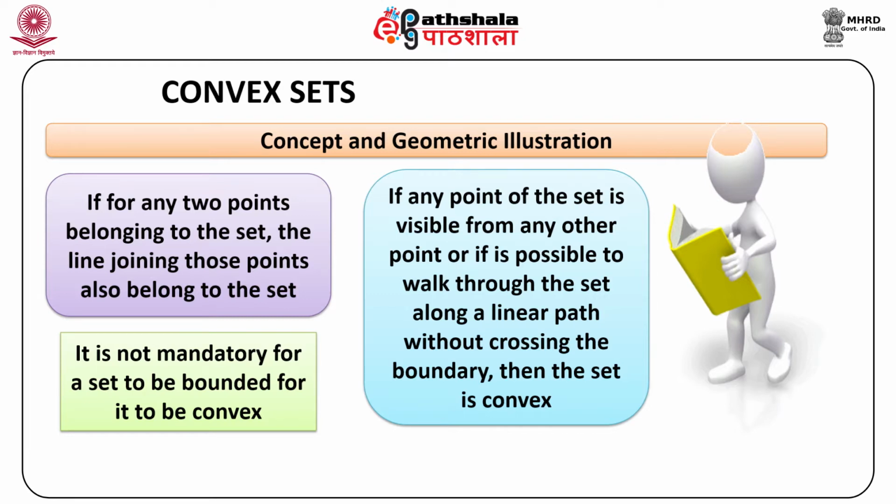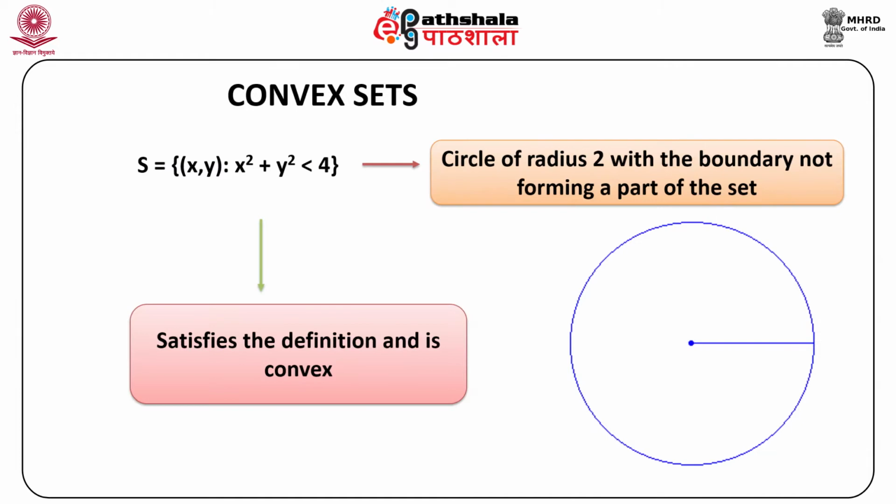Note that it is not mandatory for a set to be bounded for it to be convex. For example, S equals {(x,y) such that x squared plus y squared is less than 4} represents a circle of radius 2, and the boundary is not forming a part of the set, but it satisfies the definition and is convex.